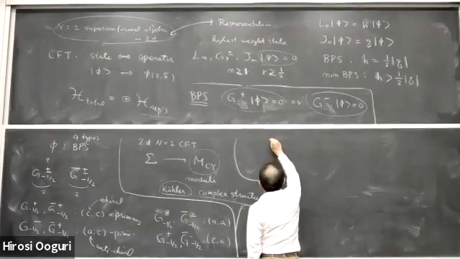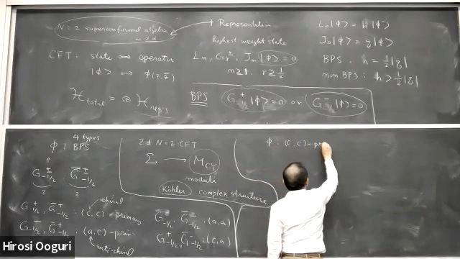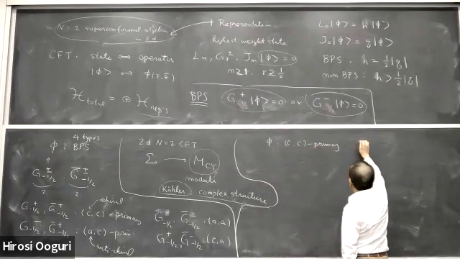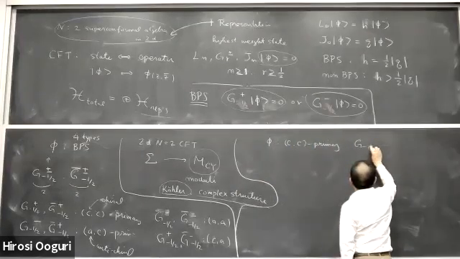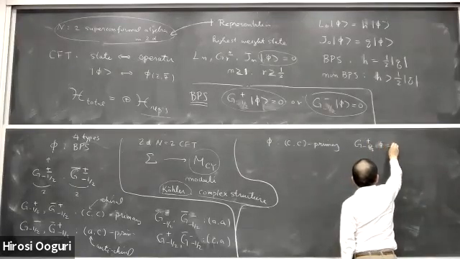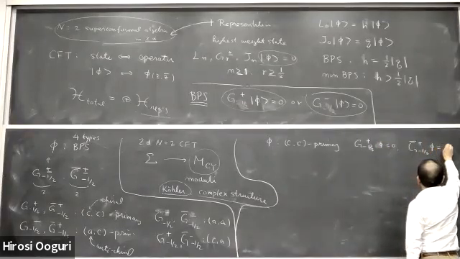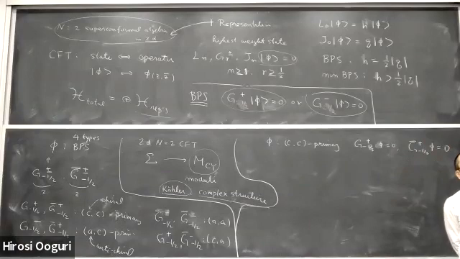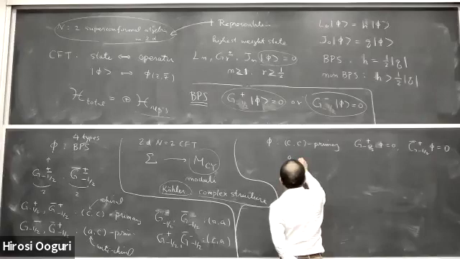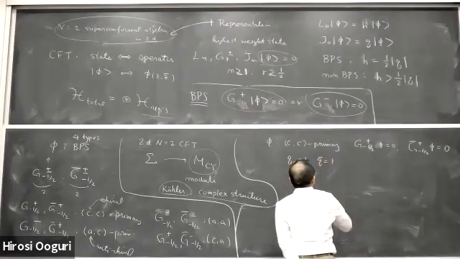Suppose you take phi to be a CC primary. So it is annihilated by G plus minus 1/2, and G bar plus minus 1/2 annihilates this. Moreover, let's assume that the left charge is 1 and the right charge is also 1.